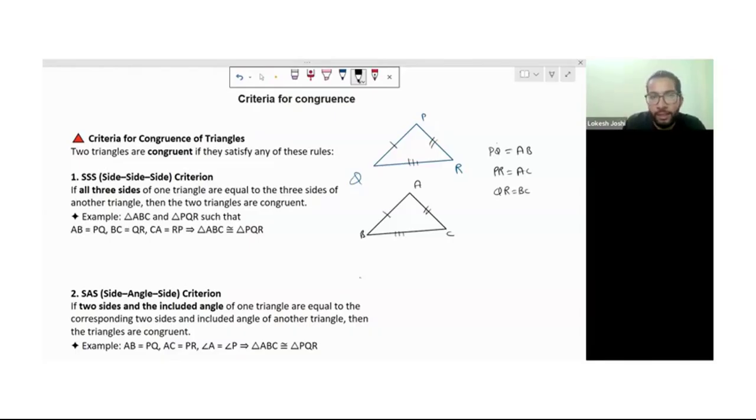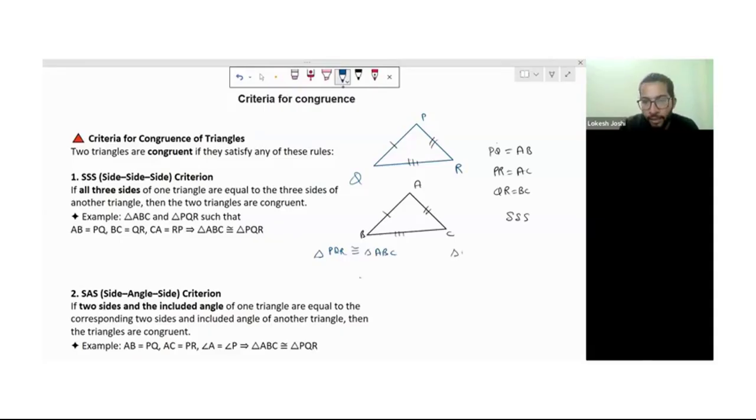So we can say they are congruent by this criteria, and this criteria is known as SSS, which is side criteria. We already discussed that when two triangles are congruent, we can write triangle PQR is congruent to triangle ABC.